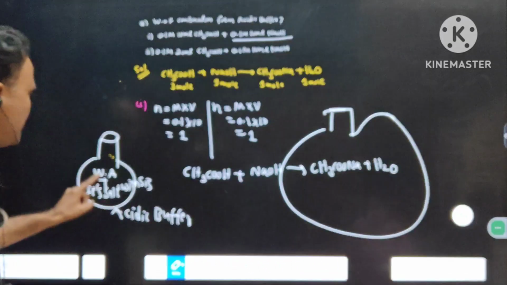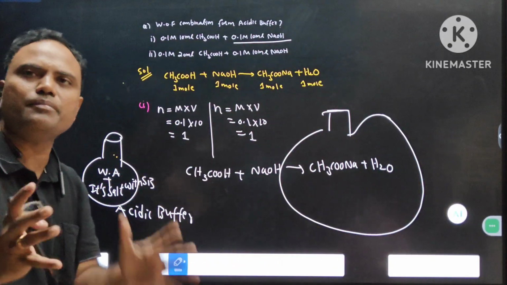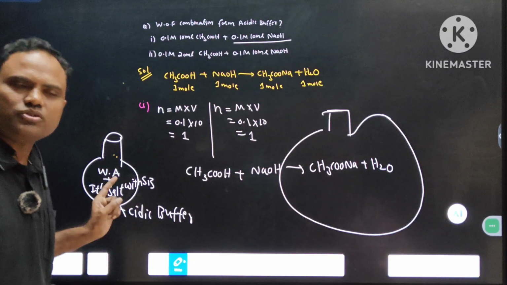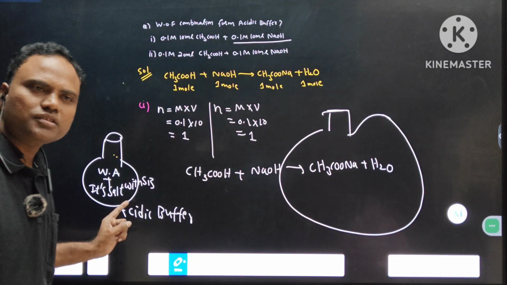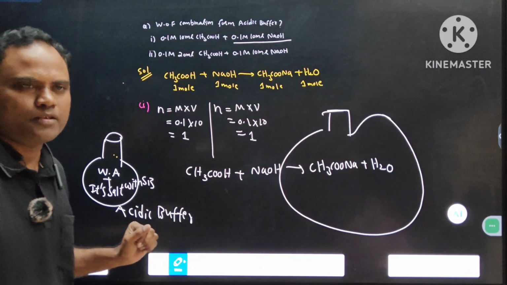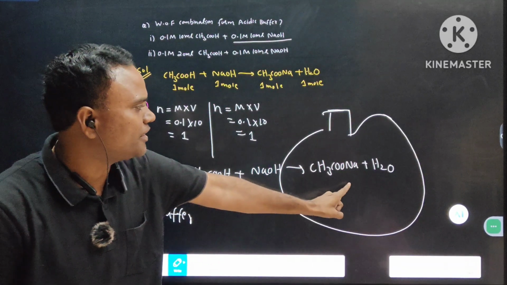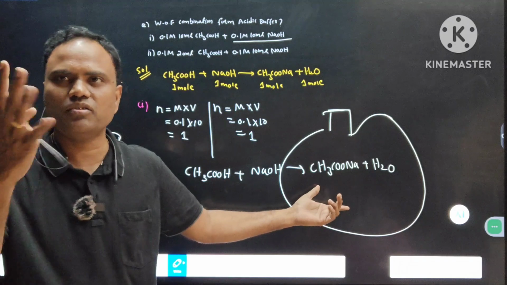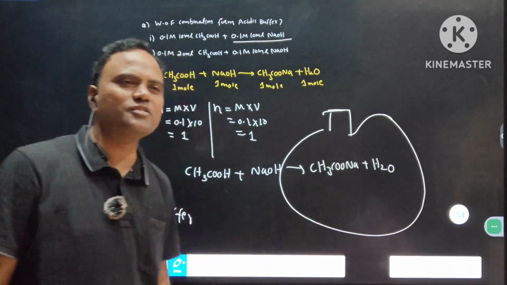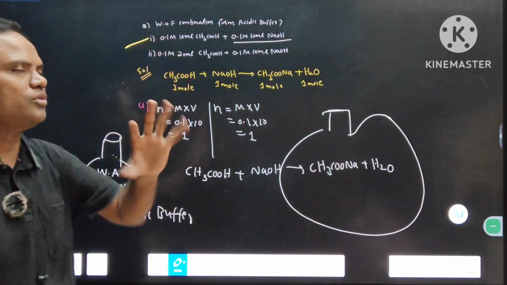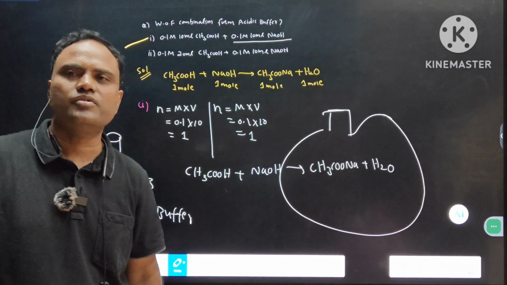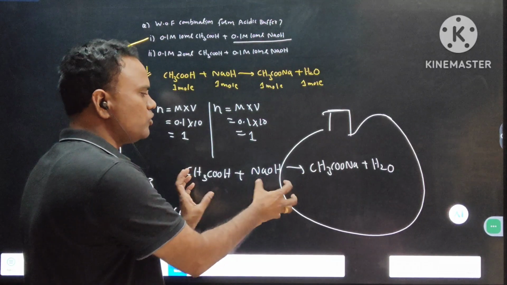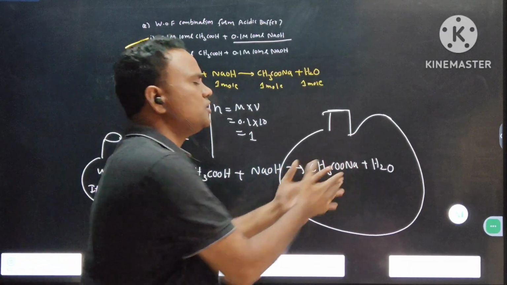Observe. When we call a particular beaker or mixture an acidic buffer, it should contain weak acid and a salt of a strong base. But in this beaker, you tell me, is there any weak acid? No. Only salt and water are present. So the first combination does not form an acidic buffer, because 1 mole, both are consumed to form salt.